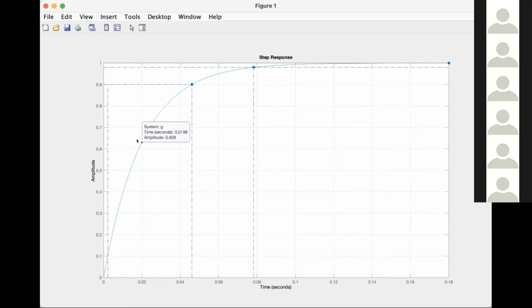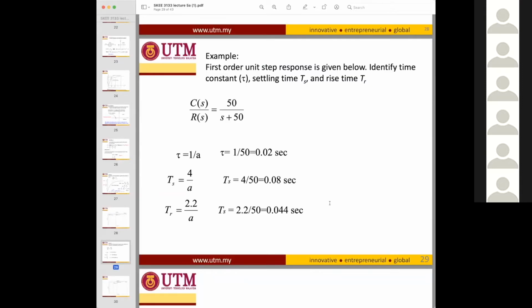So you have to do some stretching in order to get the accurate value. So what is the time constant here? 0.02. Okay. Understand? Boleh? Boleh, Prof. InsyaAllah boleh.